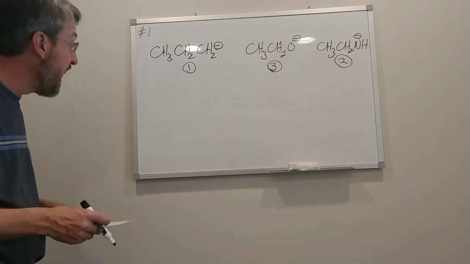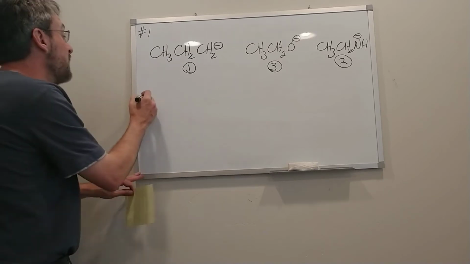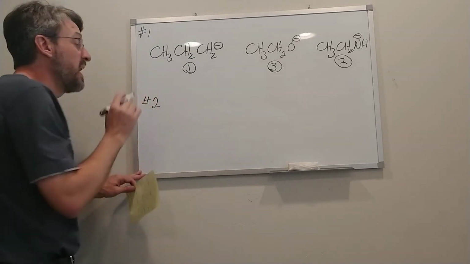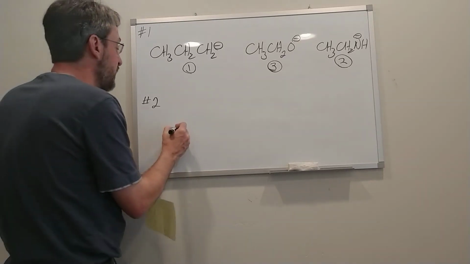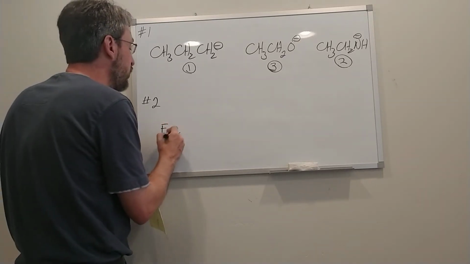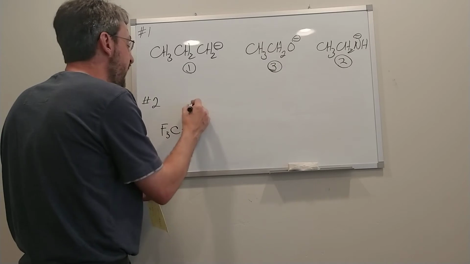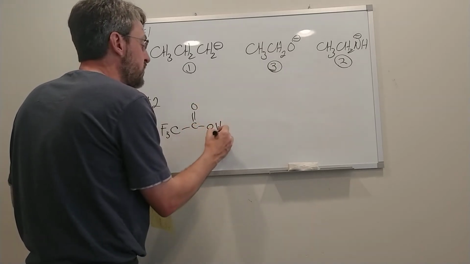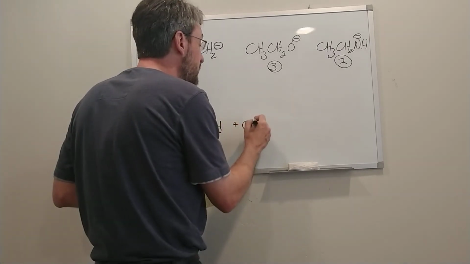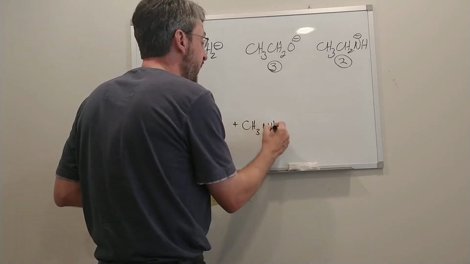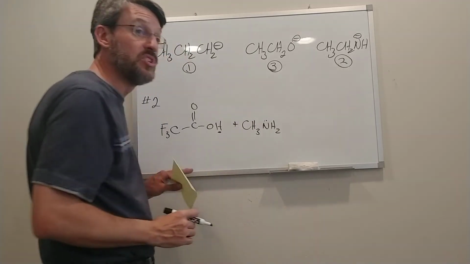Okay, and the last one, the second one, was simply to complete some acid-base reactions involving organic molecules. So the first one was this trifluoroacetic acid. So that's the acidic hydrogen. And an amine was the base. So this nitrogen is the base.